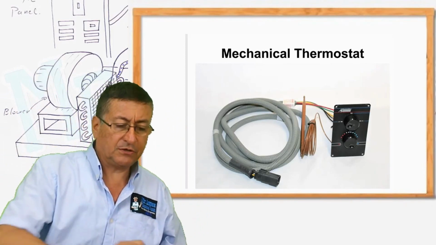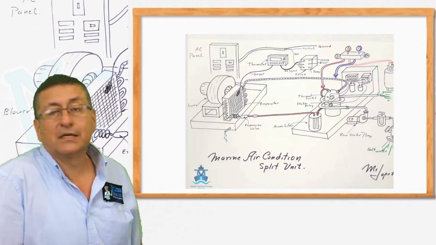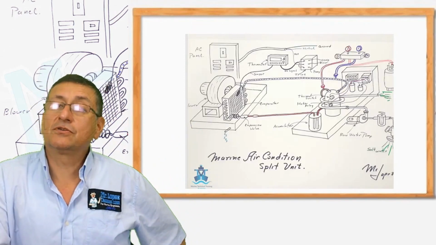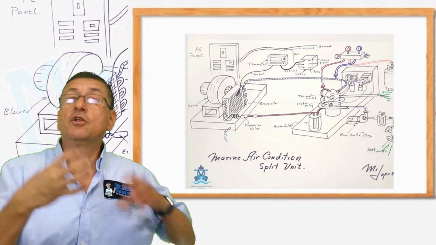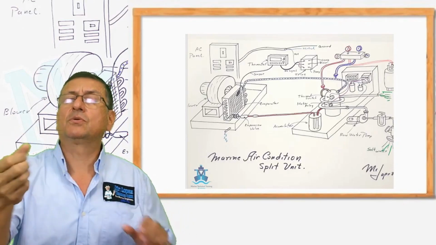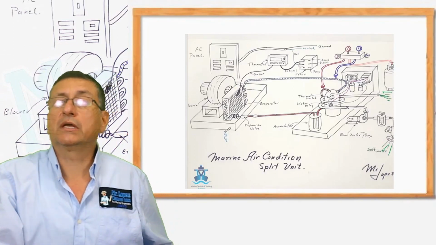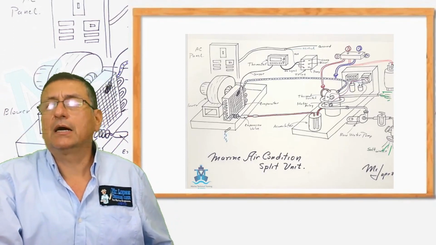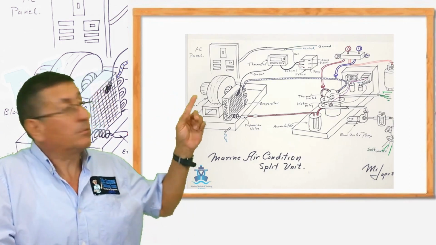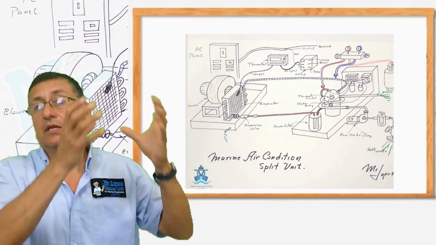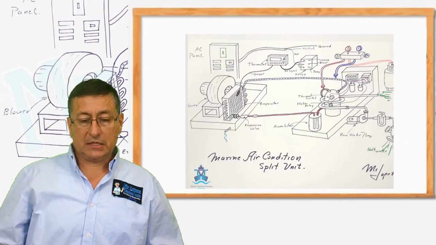Exactly in that picture, you see, this is the sensor, the bulb sensor, located where the air filter is located, in order to sense the temperature of the room when the air enters the coil. That sensor is connected with the thermostat, and the thermostat at the other end is connected with the circuit board, with the computer. That's the mechanical thermostat.